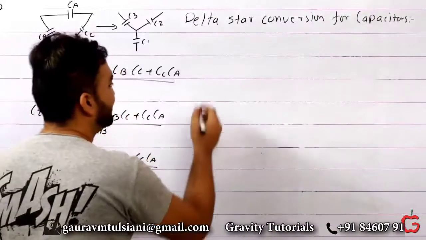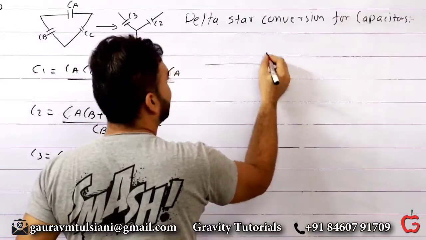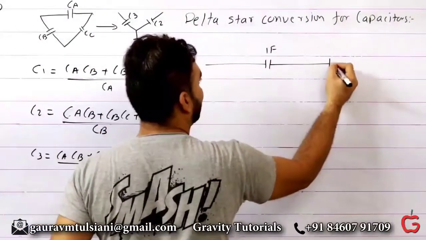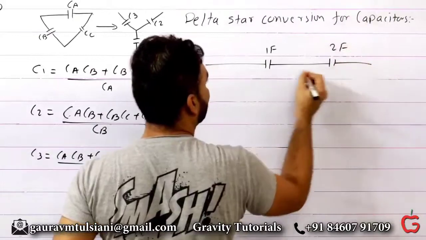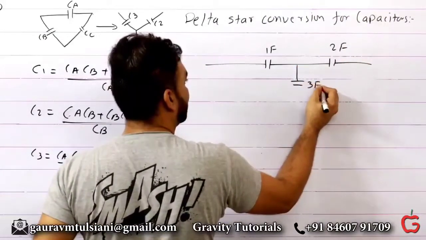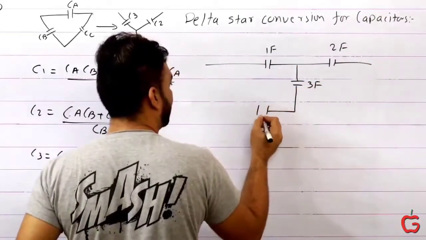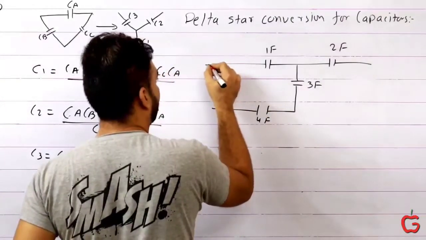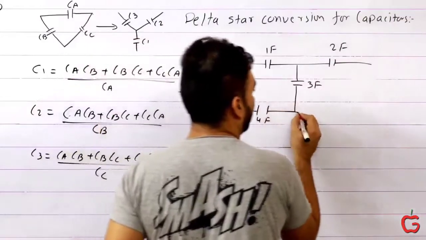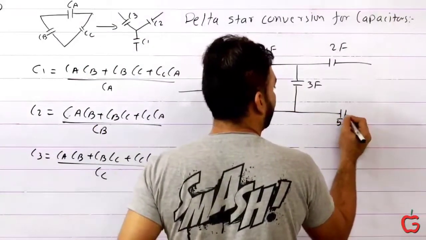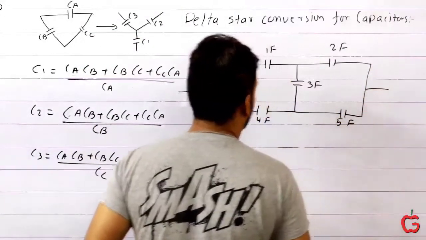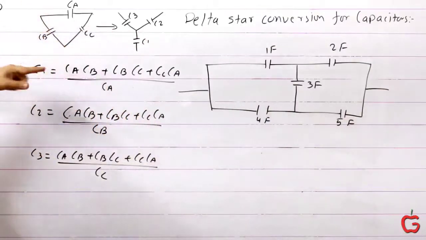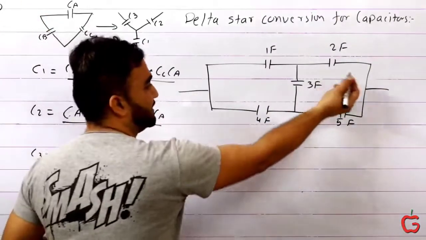Okay, so we'll take the same circuit. So 1 farad, 2 farad, 3 farad, 4 farad, and 5 farad. So now we have to find a triangle, a delta. So this is our delta.